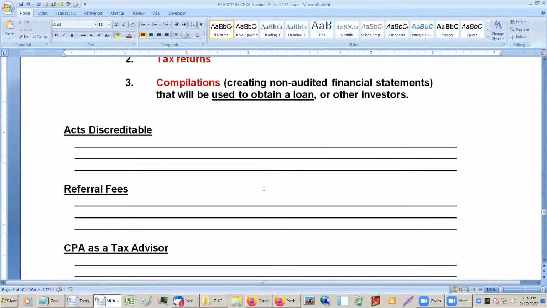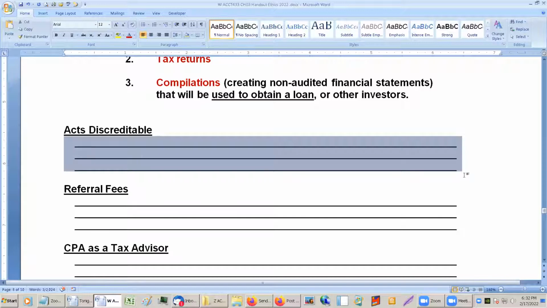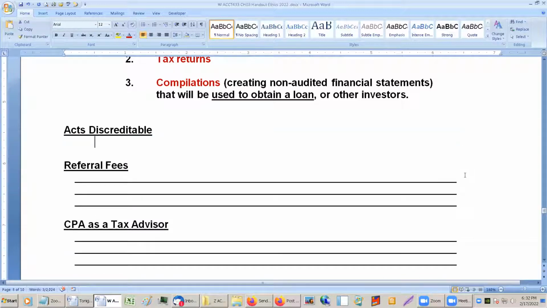Okay, good. All right. Acts discreditable. It's going to be a lot of things.